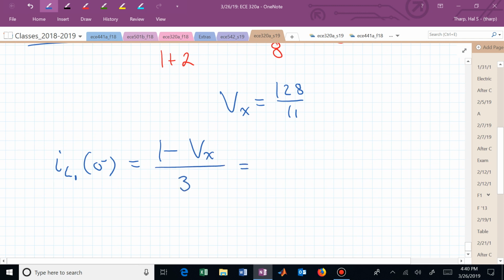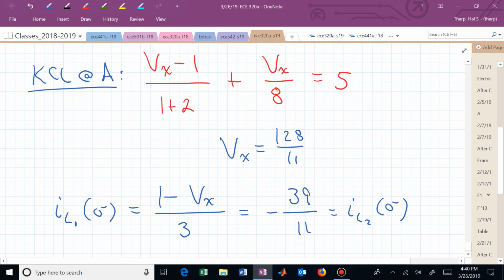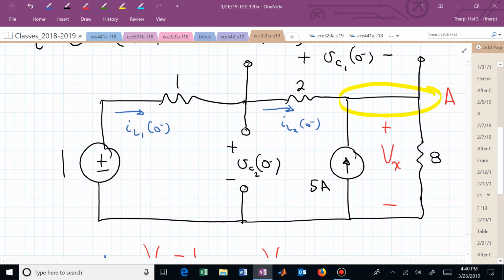And we just found V sub x, and this now becomes minus 39 over 11, and this is I sub L2 of 0 minus. We've now found the initial currents.